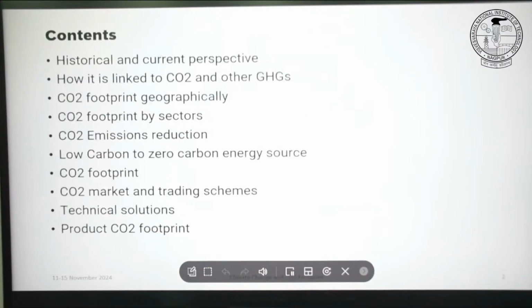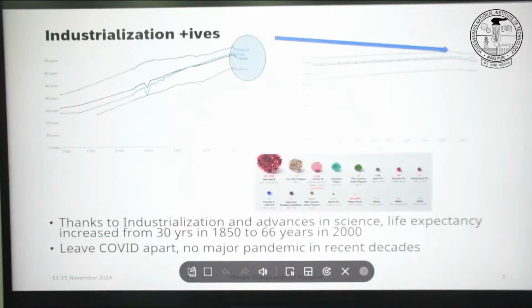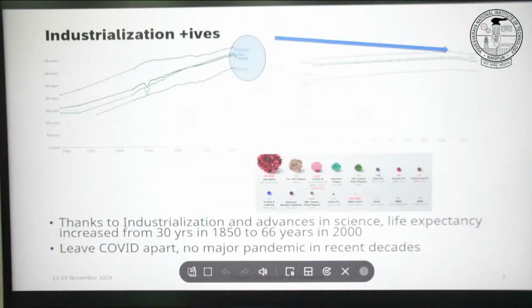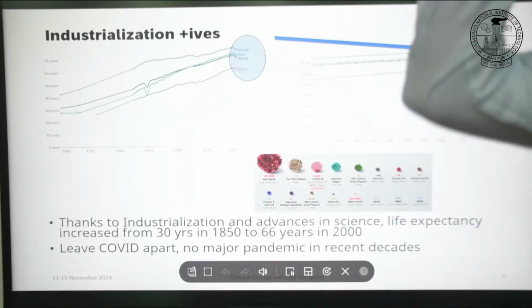So let's start with some dirty stuff. We all say industrialization had many side effects, and nowadays it's not so nice and this and that. But there are many positives of industrialization. Here I just mention one: life expectancy went from 30 years in 1850 to almost 65, 70 years nowadays.